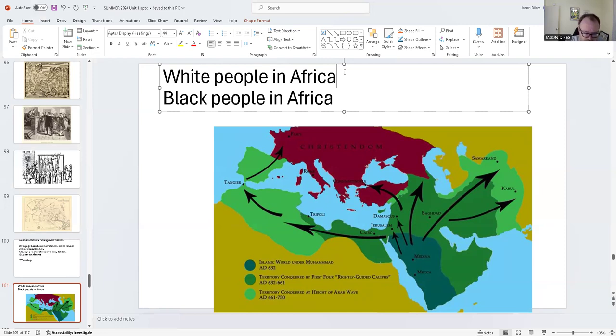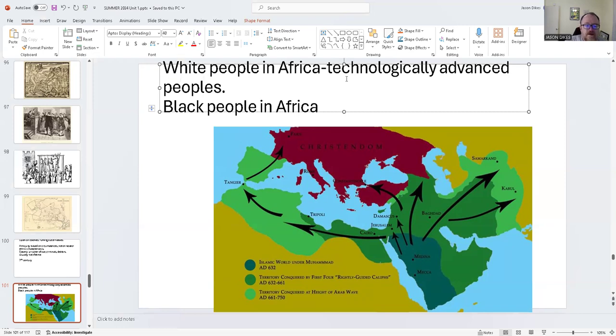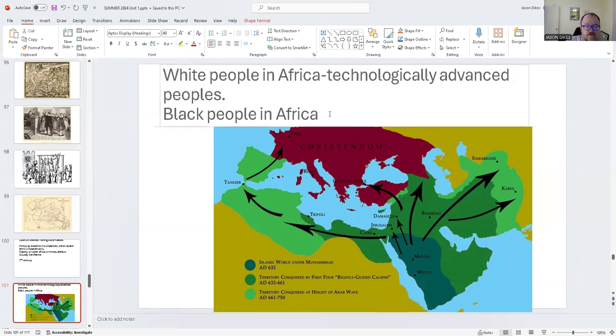It's kind of outside the scope, but what's important to know is that the white people in general were technologically advanced.